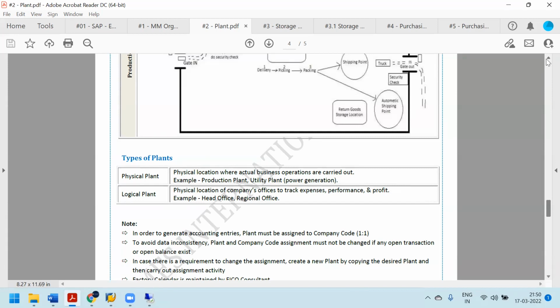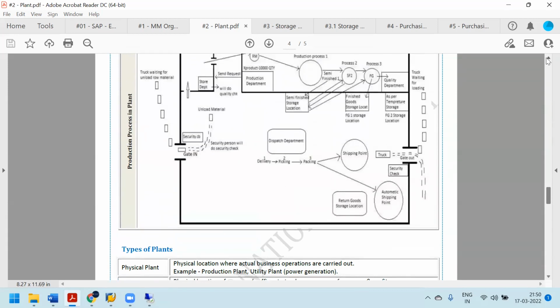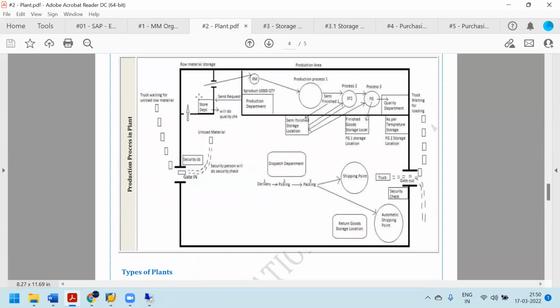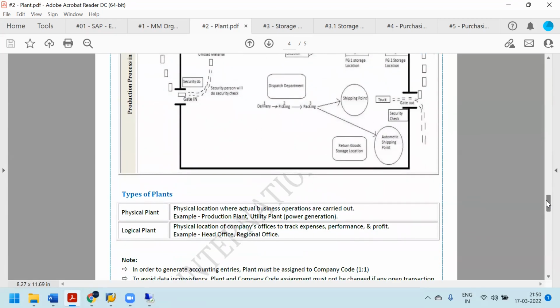As you can see here, actual business operation is being carried out where we are receiving components and raw materials from suppliers, and those are being assembled, and finished product like a car, truck is produced and then stored. So physical plant is nothing but a physical location where actual business operations are carried out.